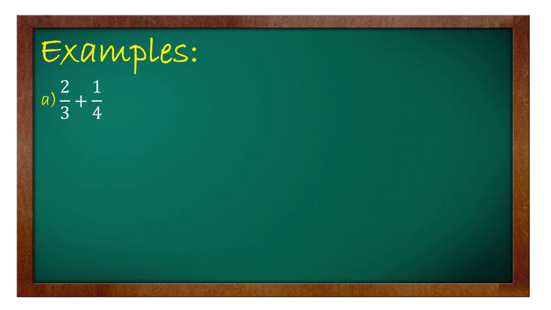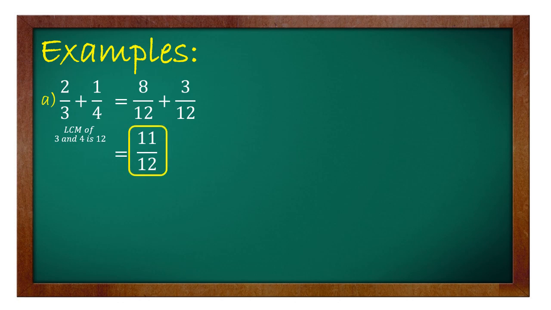So ang denominator natin ay 3 and 4, so the LCM is 12. Yung 2/3 magiging 8/12, and then yung 1/4 magiging 3/12. And then proceed na tayo sa ating addition. We just simply add the numerators. 8 plus 3 is 11, and then copy the denominator, which is 12. Kung wala naman ng lowest term yung ating sagot, siya na yung final answer natin.